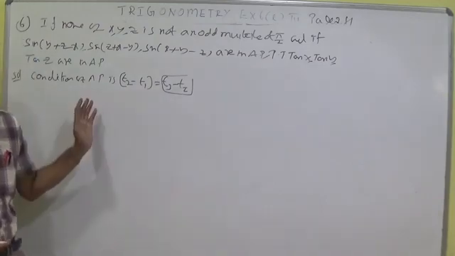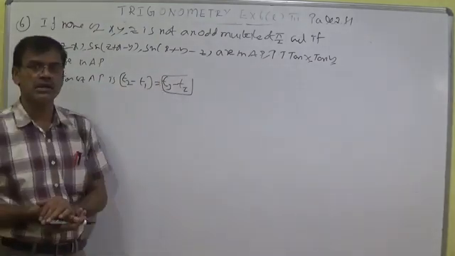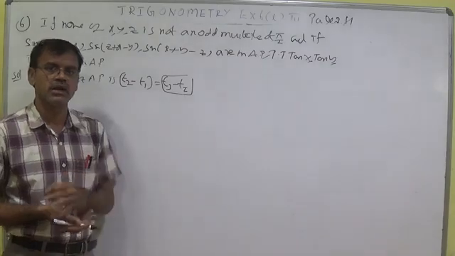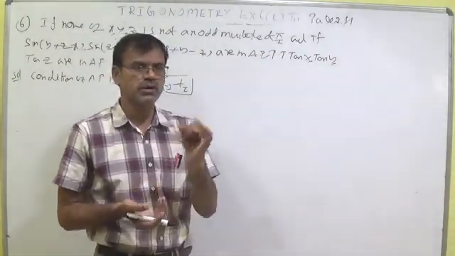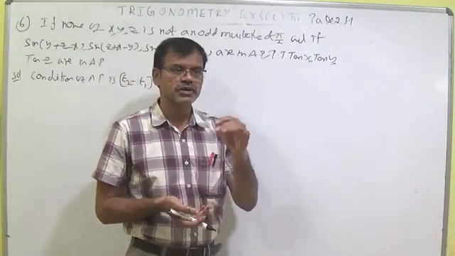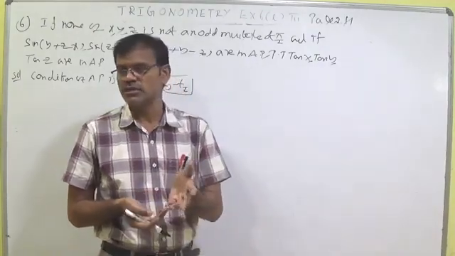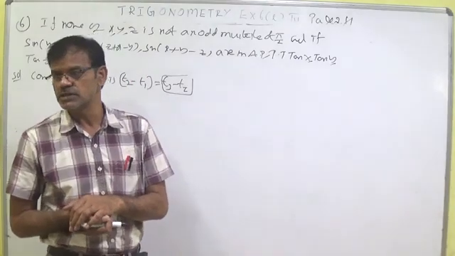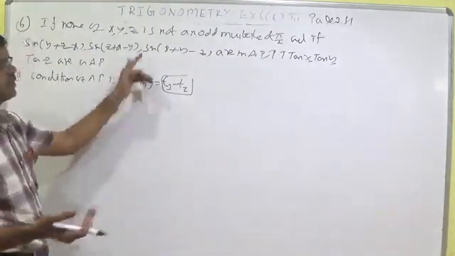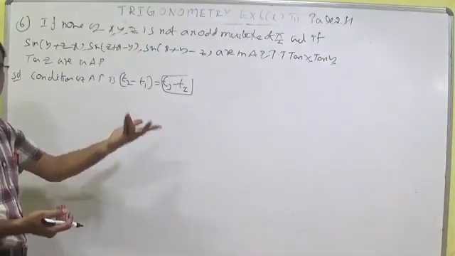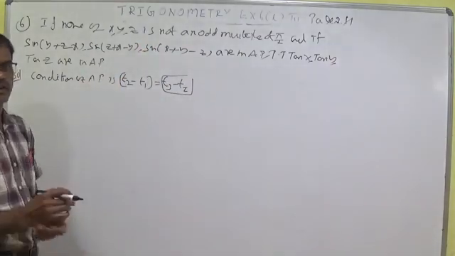The difference between two consecutive terms is the same. Otherwise, if A, B, C are in AP, you can say that 2B is equal to A plus C. For example 2, 4, 6: 2 into the middle term, 2 into 4 is equal to 8, and first term plus last term is 2 plus 6, 8. Now, that is not the correct way. This is the correct way to show this sum. Like that also you can get the answer, but 2 boards is required.